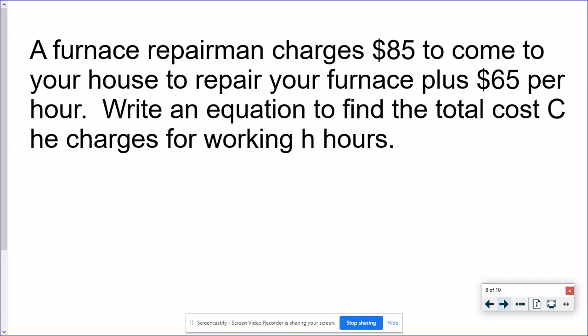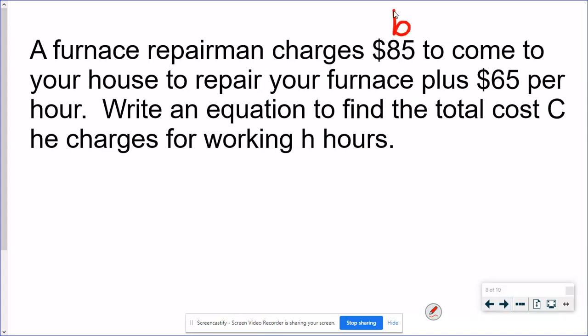If you have someone that comes to your house to do some kind of work for you, like a furnace repairman, for instance, a lot of times they charge an amount just to come to your house. And then they'll also charge per hour. That's just how a lot of those kind of services figure out their bills. So this $85, that's like the service call.